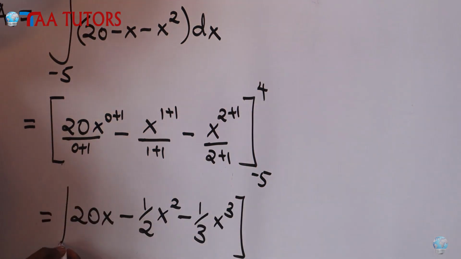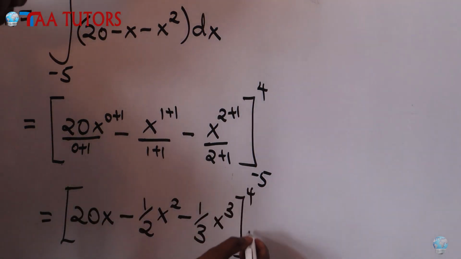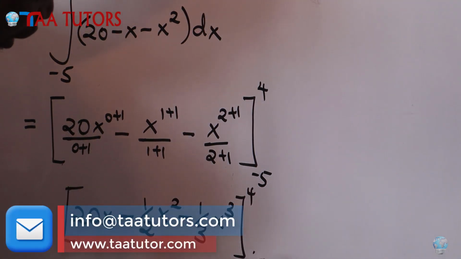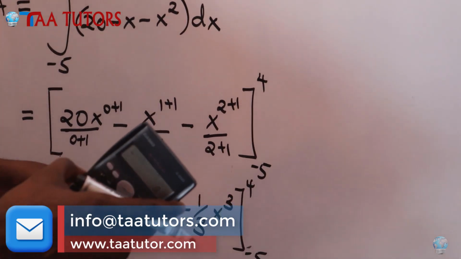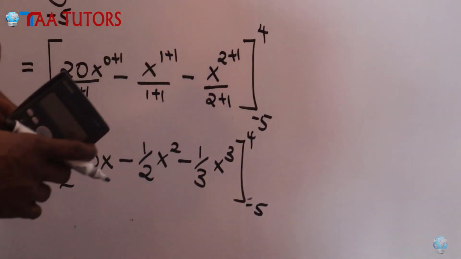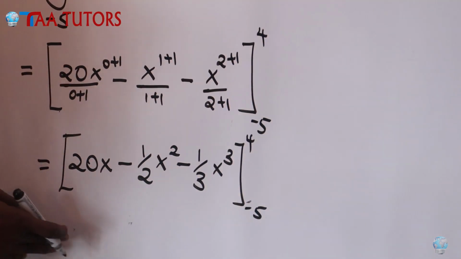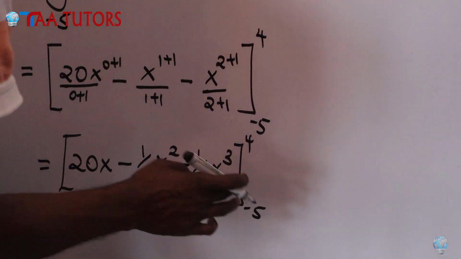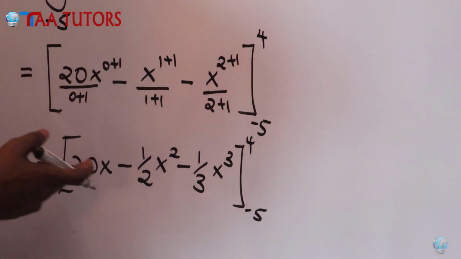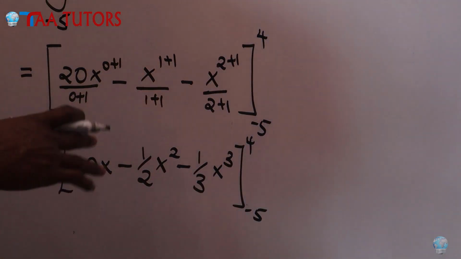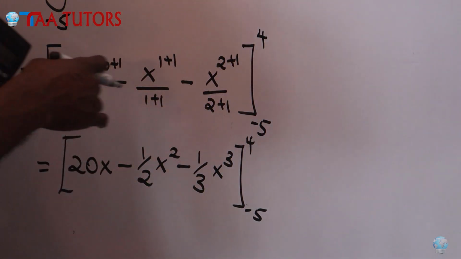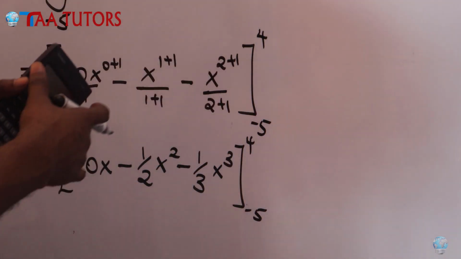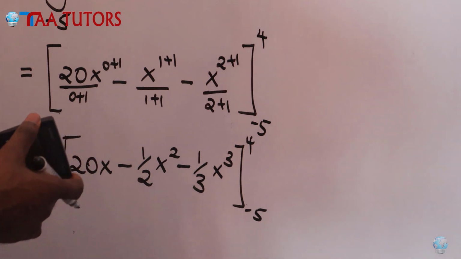Put bracket there. Remember that we could move directly to this step from here to here, but I'm trying to give this step here so that those learners who are picking up with us right now, or those who are trying to see in detail what we are doing, can actually understand. So from here we are substituting the upper limit in the expression, then we subtract the same value when we substitute the lower limit.